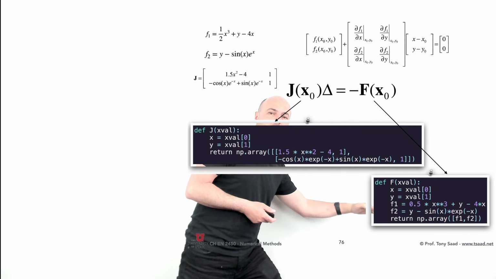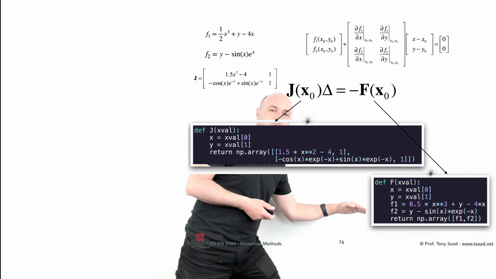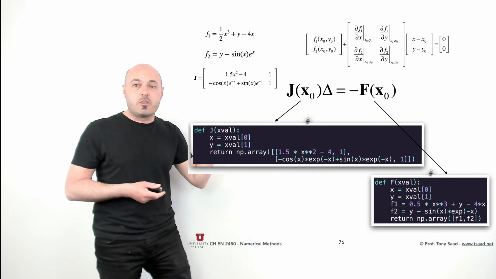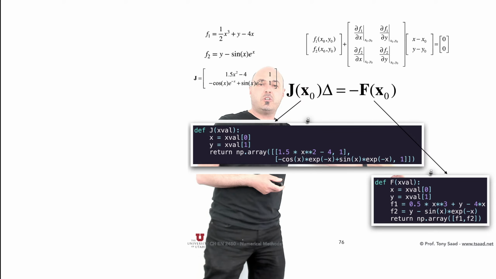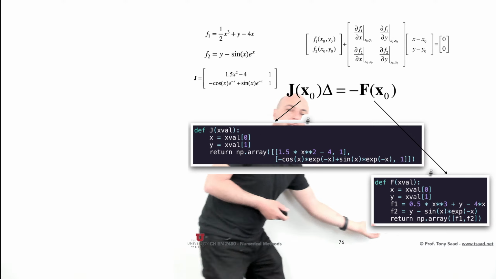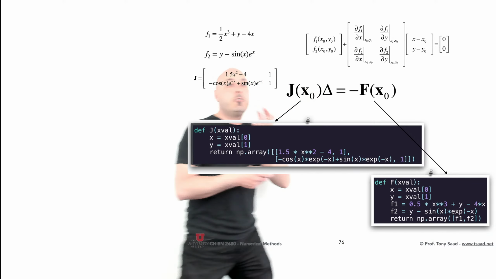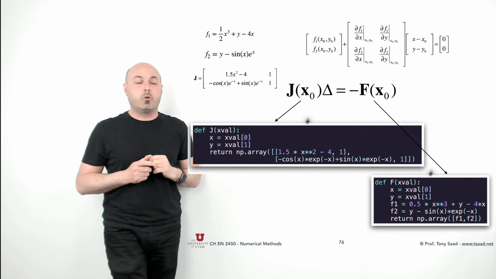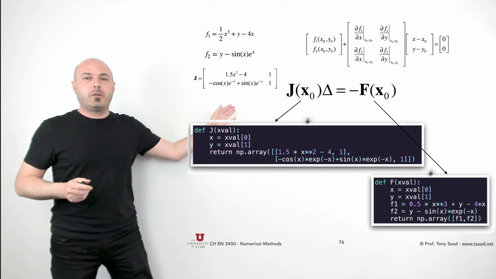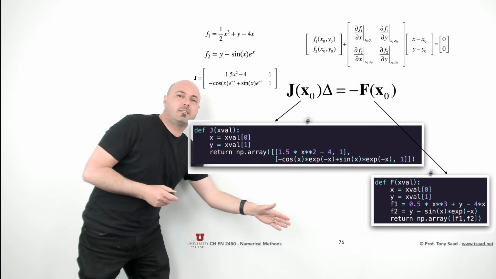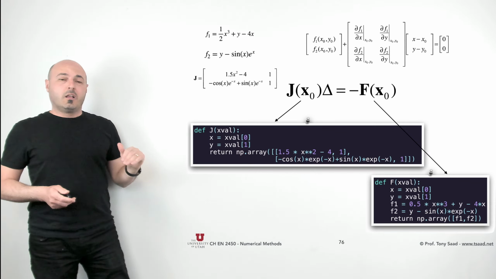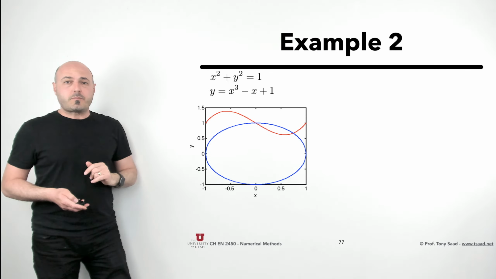And then I evaluate the first residual function and the second residual function at those values that came into the function, and I return them as a vector, f1 and f2. You have to respect the order. If you swap the order, it's going to mess everything up, because then your Jacobian is not going to be consistent with how you ordered your residual functions, okay?